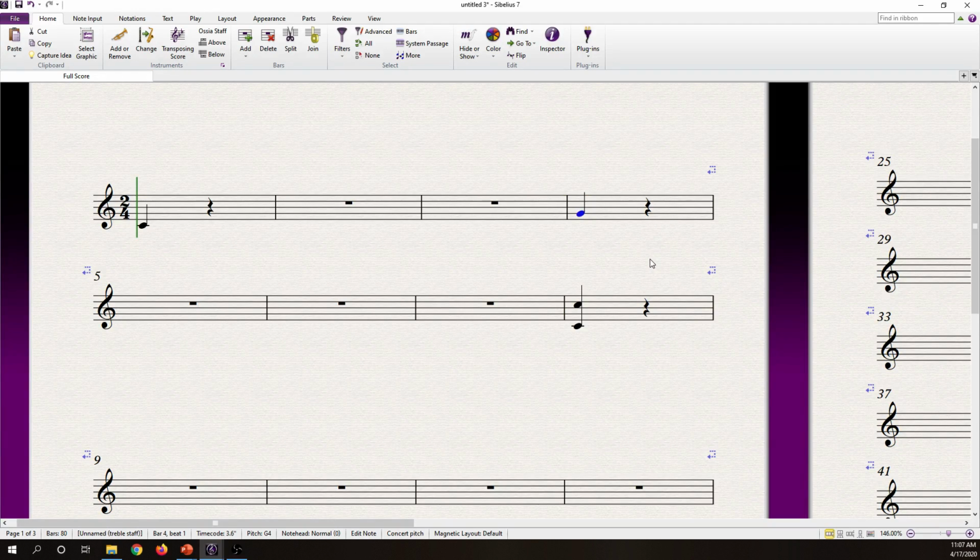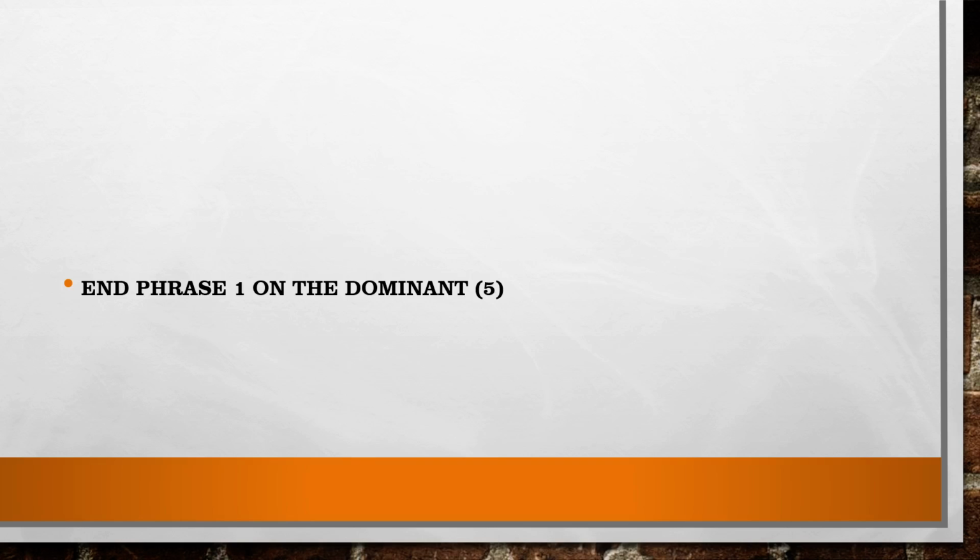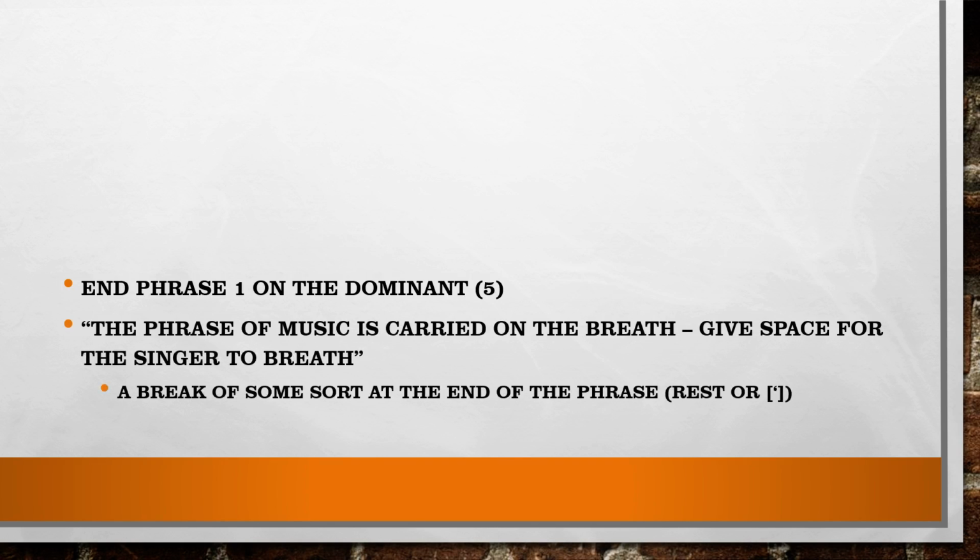Now, when we go back to the really early levels of music creation, say the 1100s, when we have some of our first notated music, the music was really all done through voice, not through instruments. So one thing that a prof of mine used to say was that the phrase of music is carried on the breath. You need to give space for the singer to breathe.